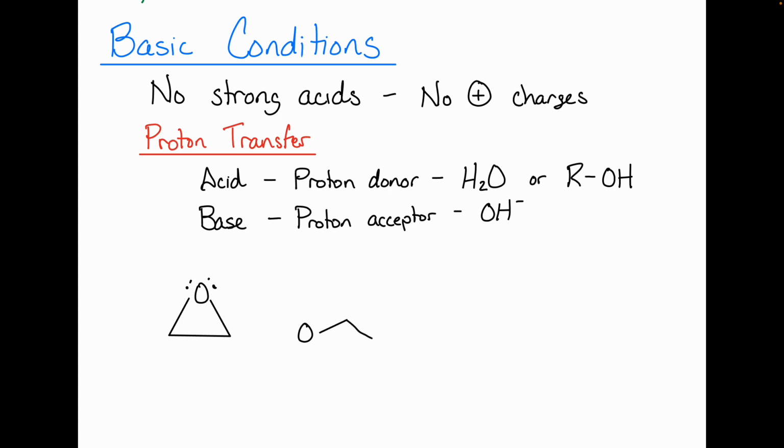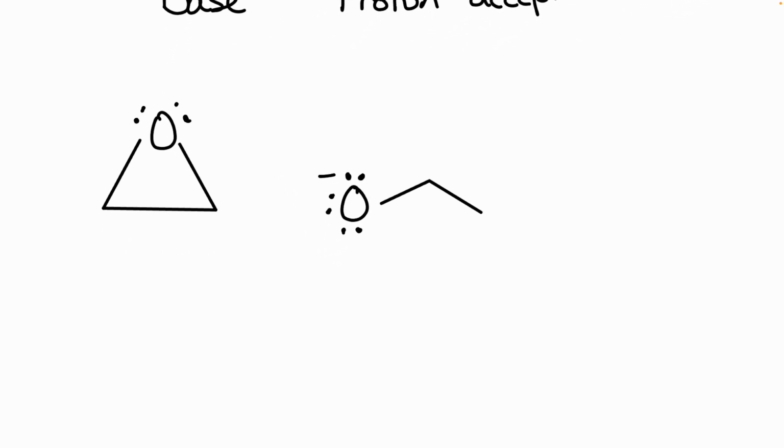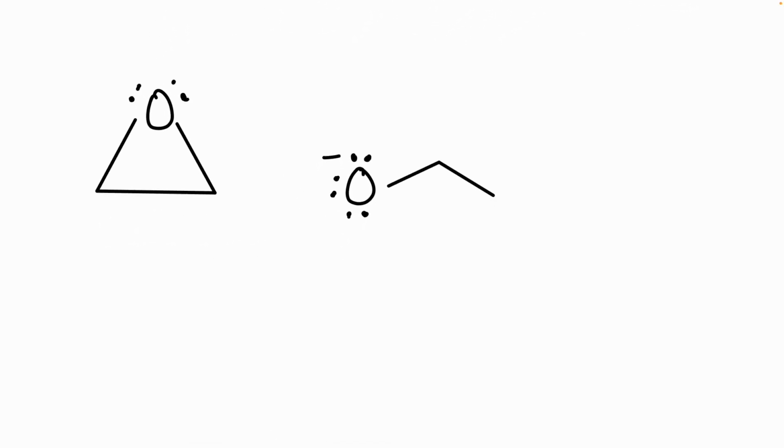We're going to have this deprotonated ethanol, or ethoxide ion. We're going to do our mechanism keeping in mind our conditions here. We should only see negatively charged intermediates or neutral intermediates. We don't want to see any positive charges here.